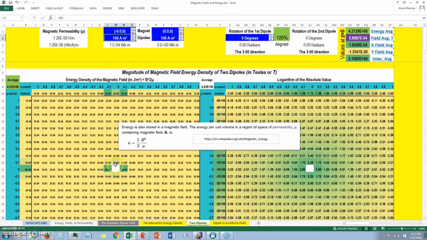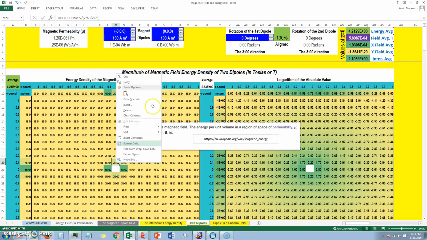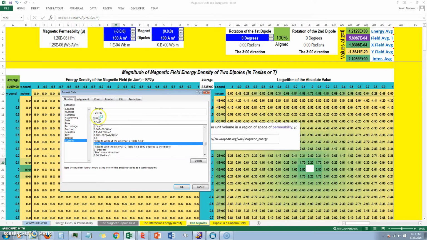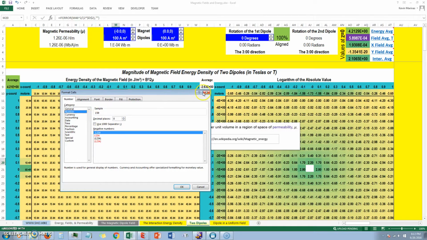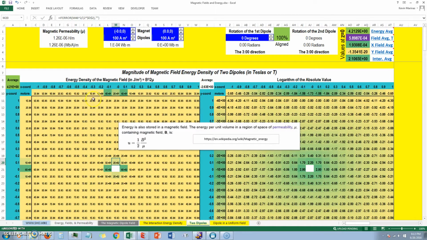Okay, so for example, this is 2 times e to the 2, which is 2 times 100, which is 200. Well, technically, let's see what this really would be. So 159. It's rounding. Okay, 159.